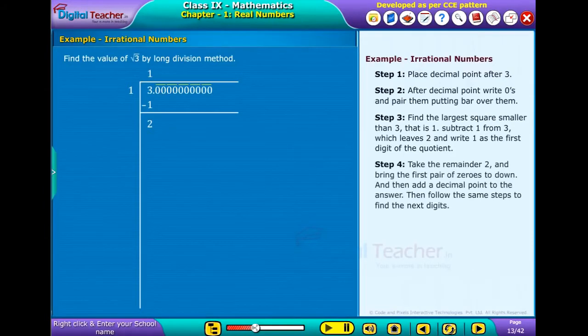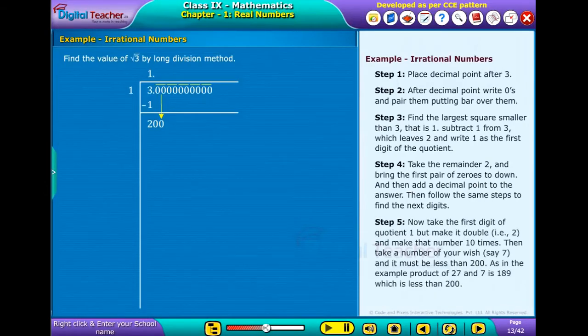Step 4: take the remainder 2 and bring the first pair of zeros down, and then add a decimal point to the answer. Then follow the same steps to find the next digits. Step 5: now take the first digit of the quotient, 1, but make it double, that is 2, and make that number 10 times. Then take a number of your wish, say 7, and it must be less than 200. As in the example, the product of 27 and 7 is 189, which is less than 200.